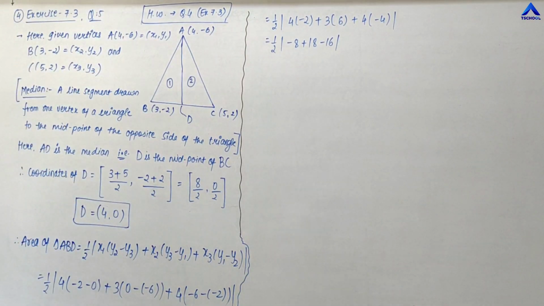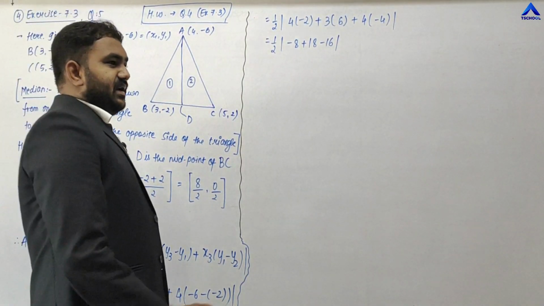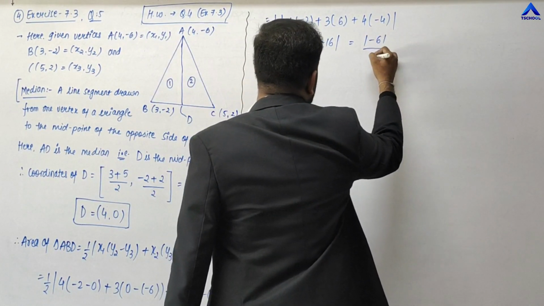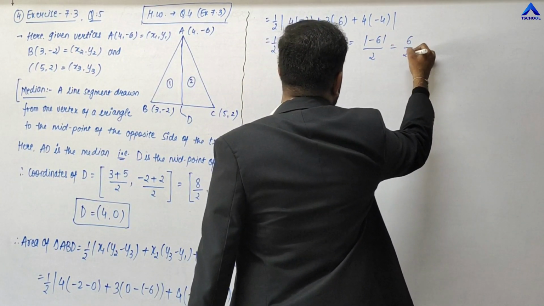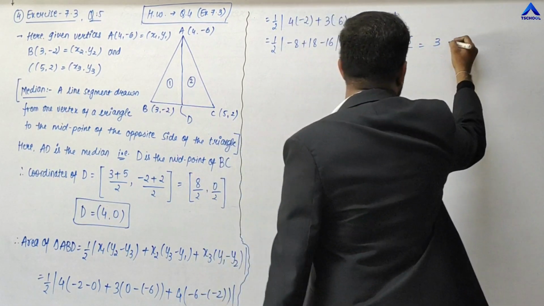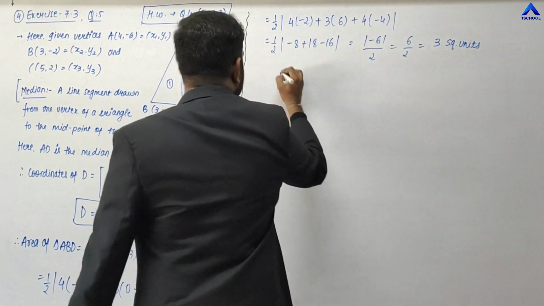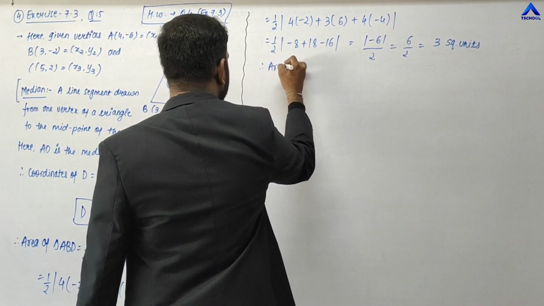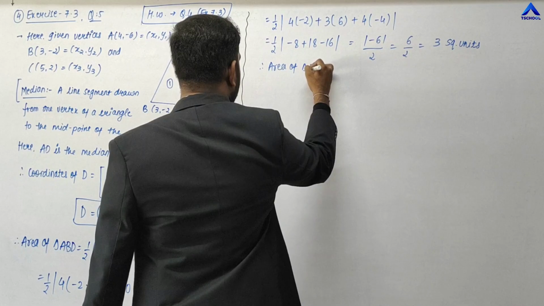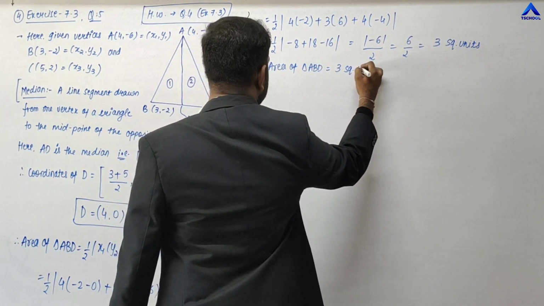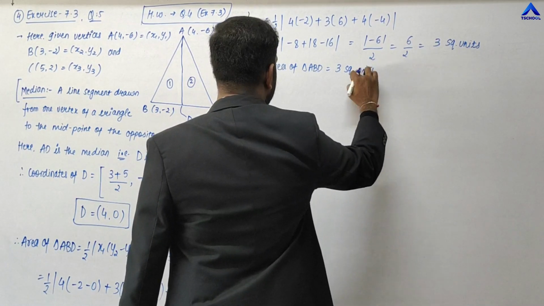Add up. Minus 8 plus 18, that is 10, and 10 minus 16 is minus 6, so that is modulus minus 6 by 2, which is equal to 6 by 2, and that is 3 square units. Therefore, area of triangle ABD is equal to 3 square units.